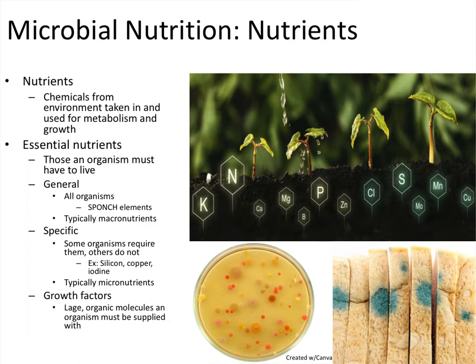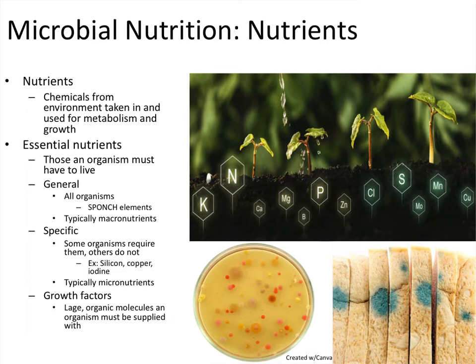And the gist of this concept is that while all organisms have to have the general essential elements, every individual type of organism or every individual species of organism will have their own unique set of specific essential nutrients, because all organisms are unique as well.